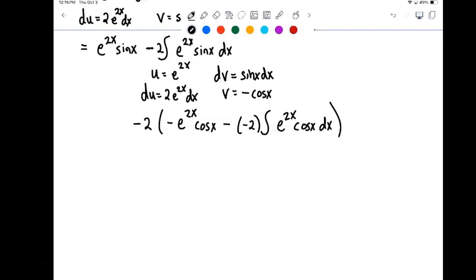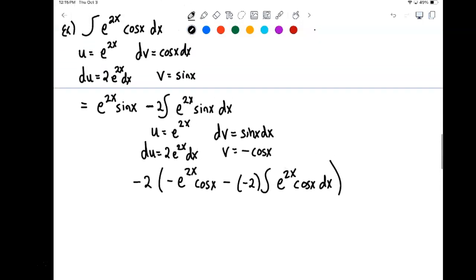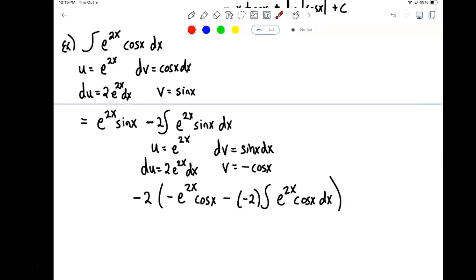At first we're utterly dejected by it, because I started with an integral of e to the 2x cosine x. I did my integration by parts once, I did it a second time, and darn it, I'm back to the same thing again. What do I do now? Actually, this is not a bad thing, although at first it seems like it is.